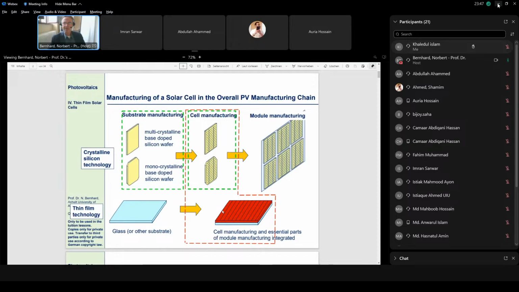And the third one, this copper indium gallium diselenide, achieves the best lab efficiencies, clearly above 20%, but it looks like it is difficult to transfer this high efficiency to volume production. This is a challenge, and this is also the reason why this has not become the dominating production technology yet.